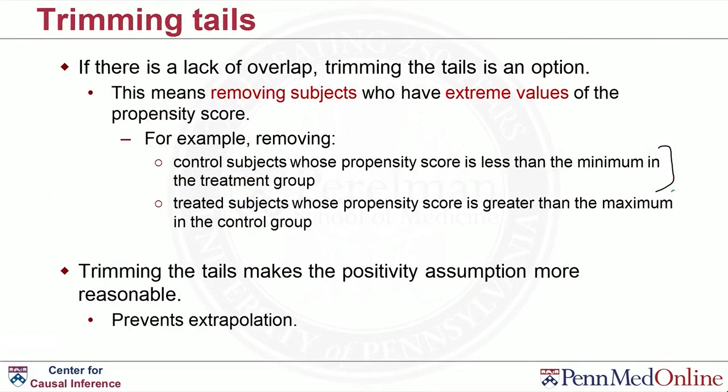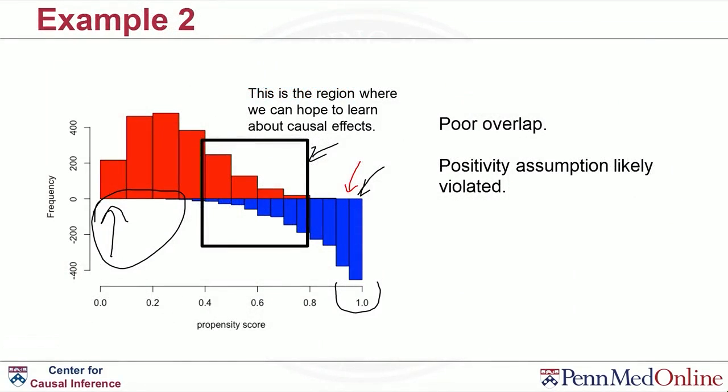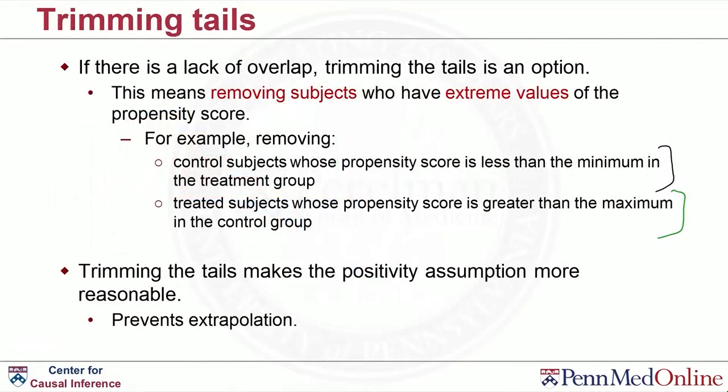Another example is on the other tail: treated subjects whose propensity score is greater than the maximum of the control group. We could potentially remove them from the study or chop them off. So let's say the maximum propensity score in the control group is right about here. Then we could remove these people from consideration. That would be one way to do it. You could think of other ways of trimming the tails, but that's the main idea.